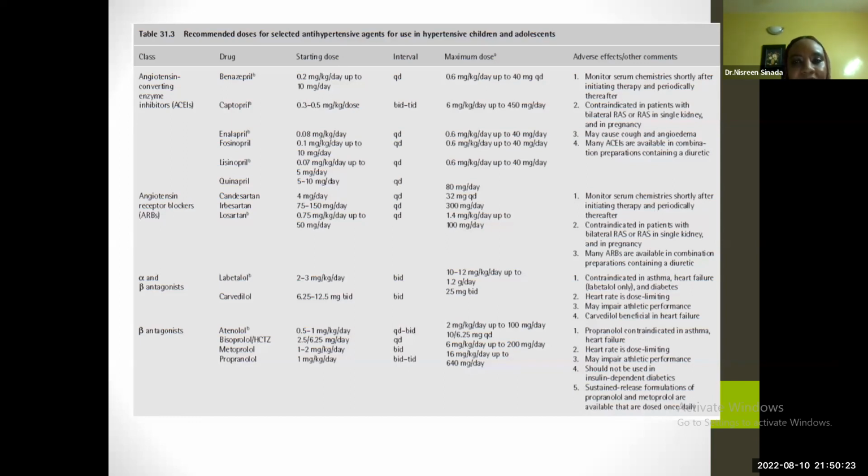Whenever you prescribe any treatment for the patient, you should know the indications, the contraindications, and the side effects. But you should know that when you start angiotensin converting enzyme inhibitors or angiotensin receptor blockers, as Dr. Yasser said, you should follow the serum chemistry, the renal function test, and the potassium 2 weeks after. And it is contraindicated in patients with bilateral renal artery stenosis or renal artery stenosis in a single kidney.